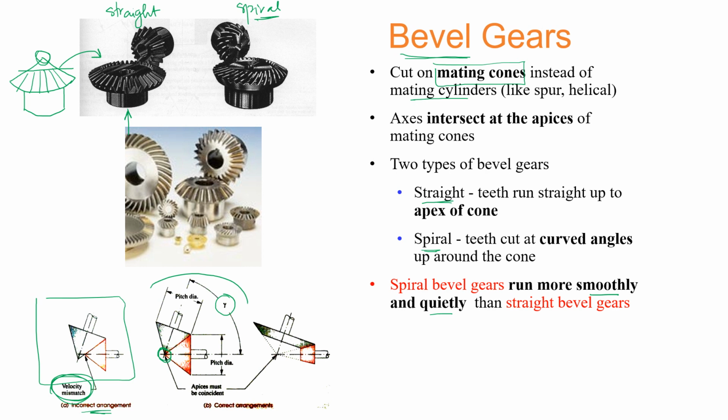And on top of that, you have a very effective way of force transmission. And if you choose spiral bevel gears, you can run this operation much more smoothly and without noise.